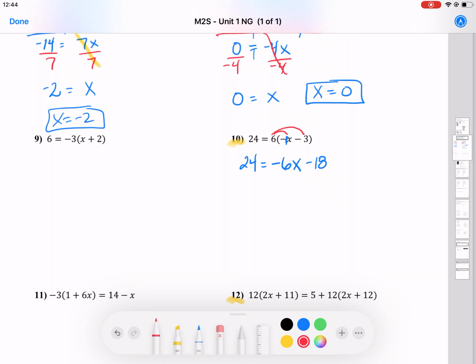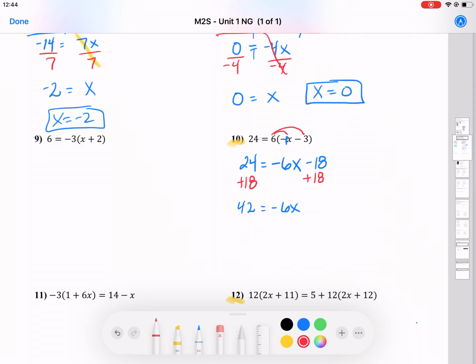And then we can move the constant away. So I'll add 18. And that will give me, sorry, 42. So we'll get 42 is equal to negative 6x.